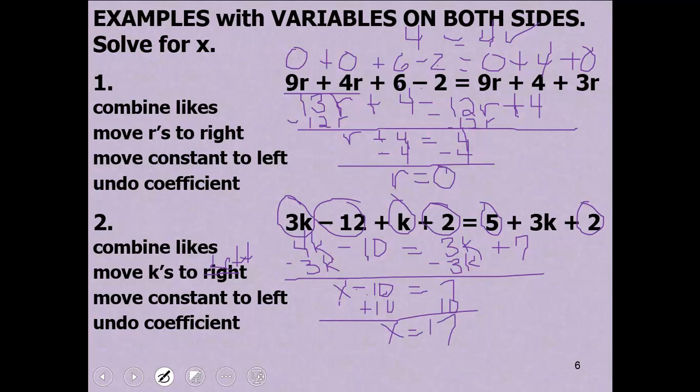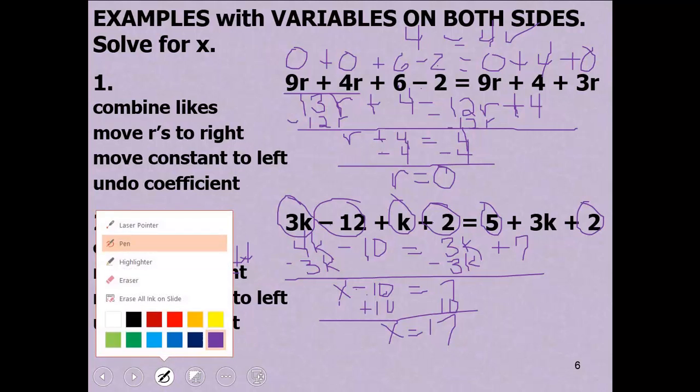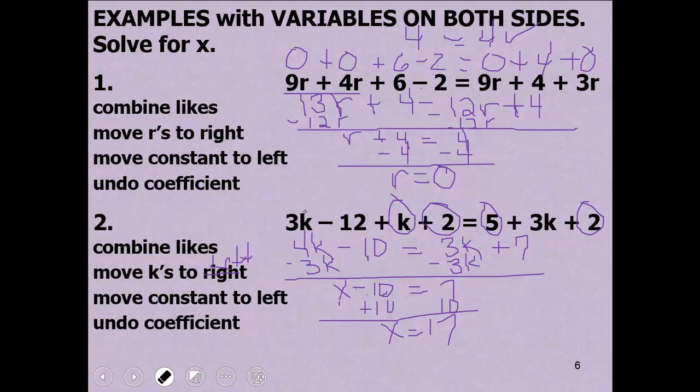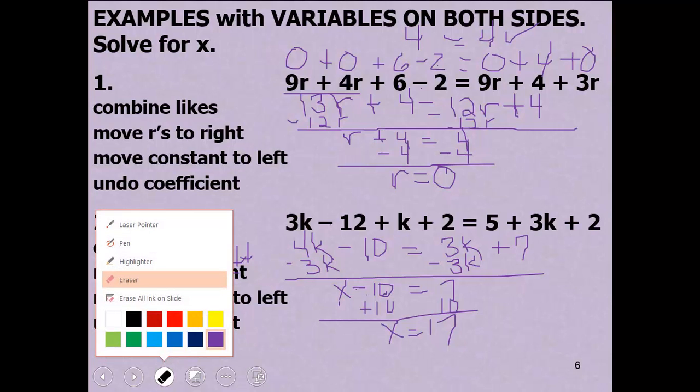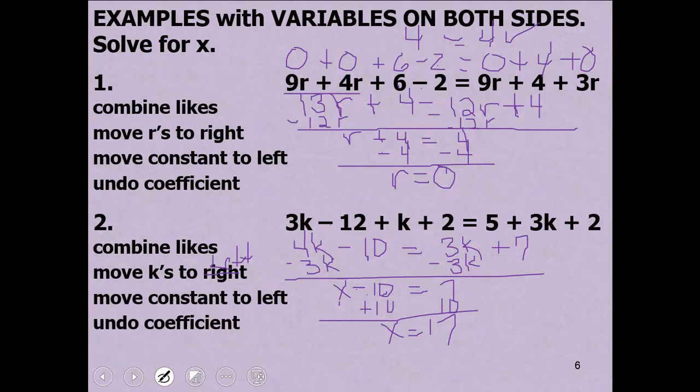I don't have a coefficient to undo because that's just like 1, and division by 1 doesn't change anything. Multiplication by 1 doesn't change anything. So if I wanted to check this, I'm going to erase my little circles here. I would have 17 times 3, that's 51, minus 12, plus 17, plus 2.